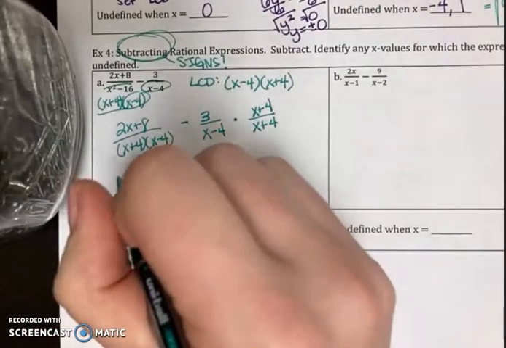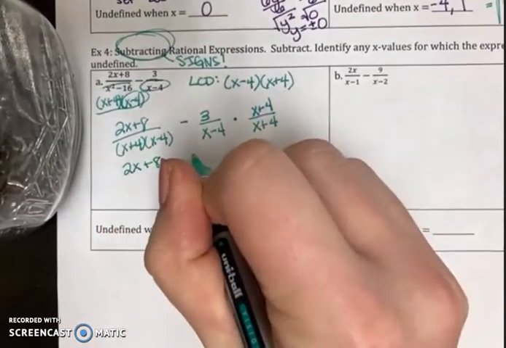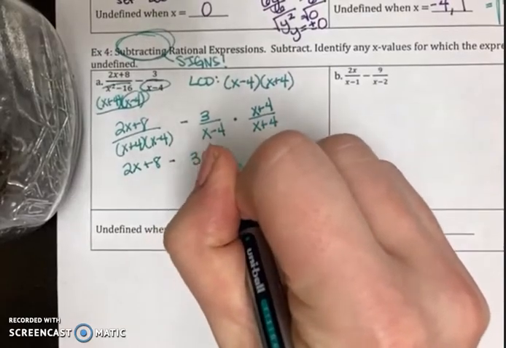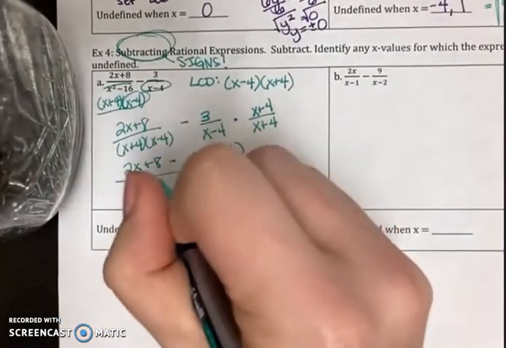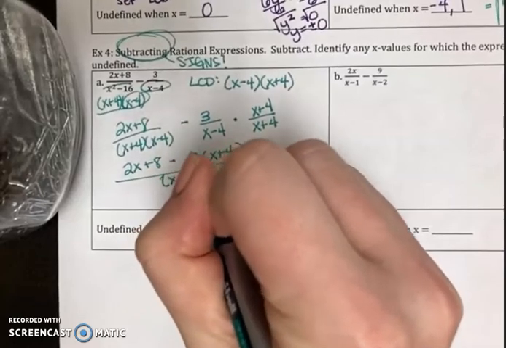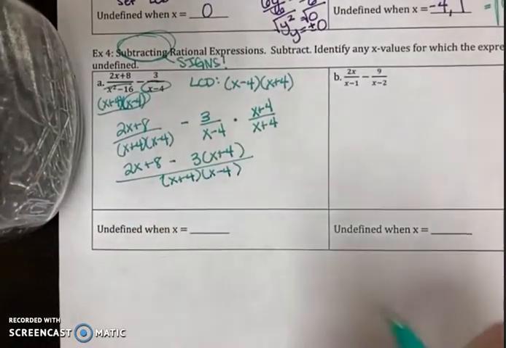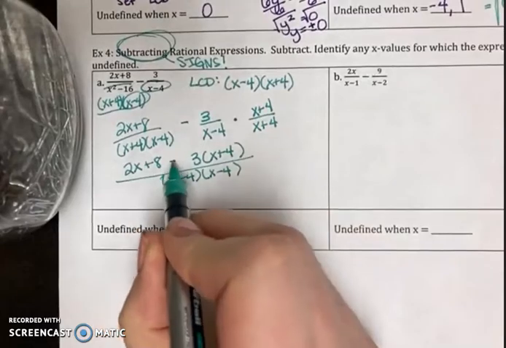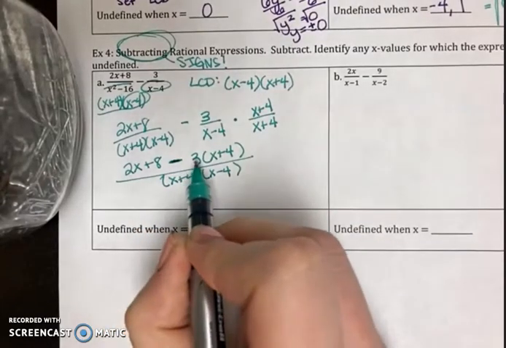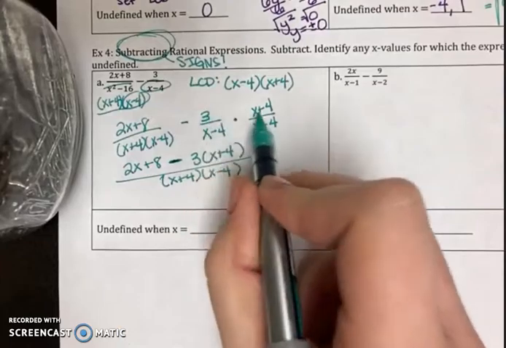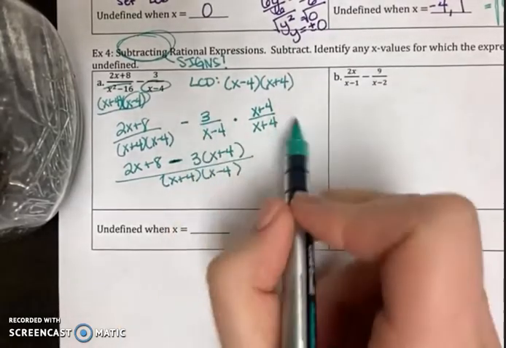So really what we have here is 2x plus 8 minus 3 times x plus 4, all over that common denominator, x plus 4, x minus 4. Now, we are subtracting this. So if you were to have distributed the 3 over here in advance, that's fine. Just make sure you keep that negative with it.